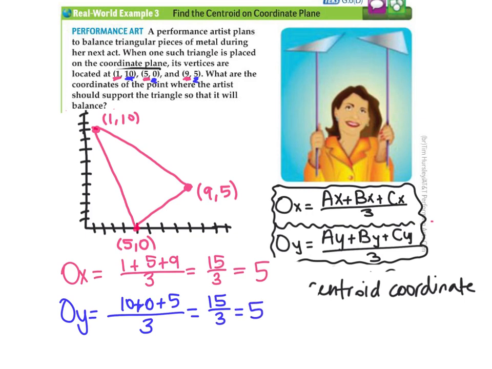So the centroid coordinate is 5, 5. So if we were to graph it, it'd be right about here, which looks kind of accurate. Also, I'm no artist myself, so it's not perfect. But using your centroid formula will give you that exact coordinate.